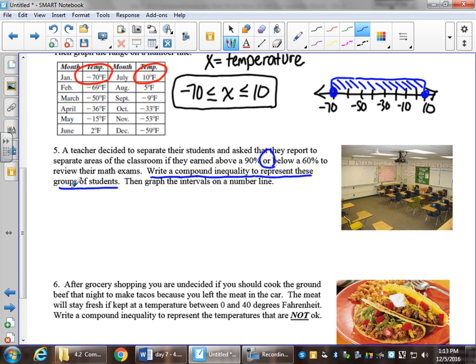X here represents what? What do you think? You might be tempted to say students, but what do we know about the students? We don't know their names. We know their scores. So X is exam grades.